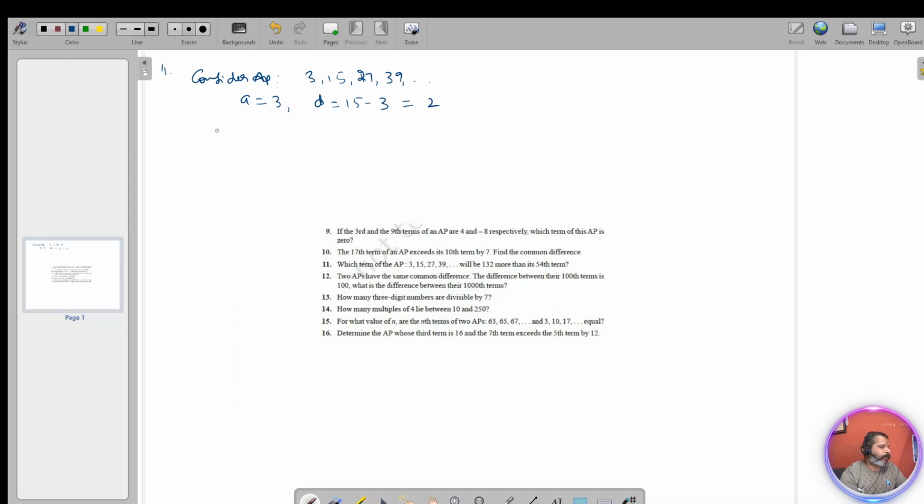According to this, the 54th term: a54 is a plus 53d. a means 3, so 3 plus 53 of 12. Therefore a54 we don't know yet. Let a_n be equal to, what is the value? 132 more than a54, right?